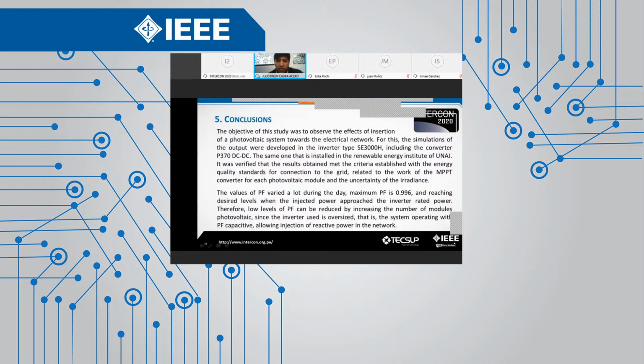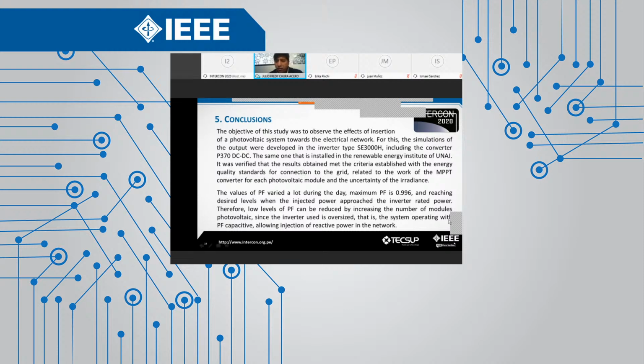This is a project of Concytec. It was verified that the results obtained meet the criteria established by the energy quality standards for connection to the grid. Related to the work of the MPPT, converters for each photovoltaic module and uncertainty of the irradiance, this part was explained. And the values of power factor varied a lot during the day.